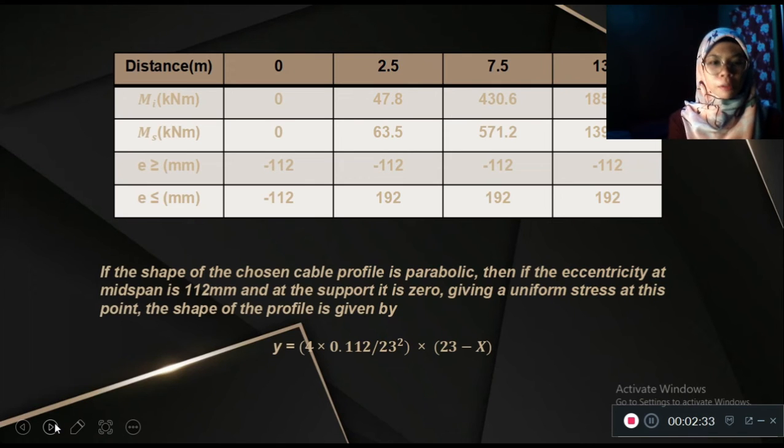For the cable profile, if the shape of the chosen cable profile is parabolic, and the eccentricity at midspan is 112 millimeter and at the support is 0, giving a uniform stress at this point, the shape of the profile is given by y equal to 4 times 0.112 divided by 23 to the power of 2, times x times (23 minus x).